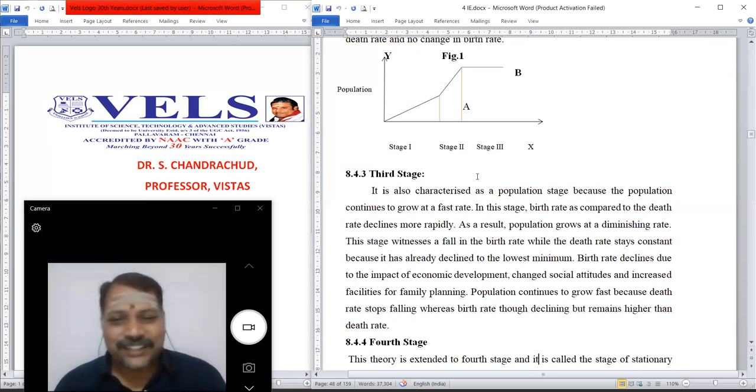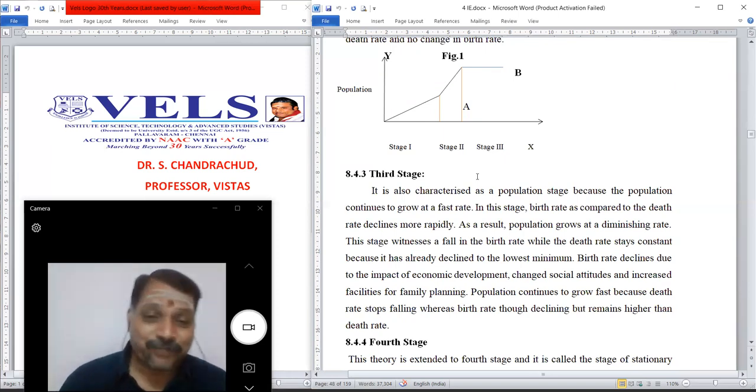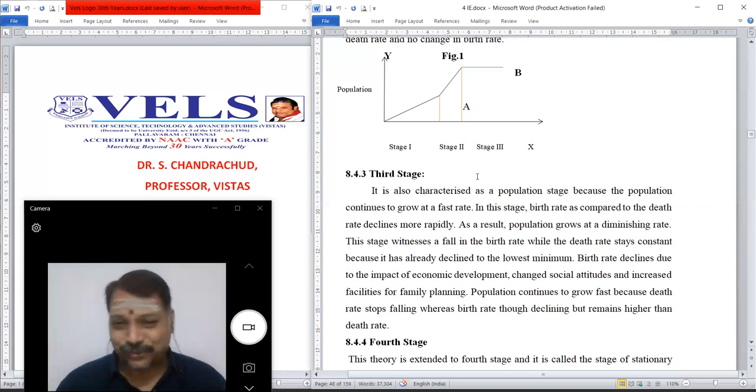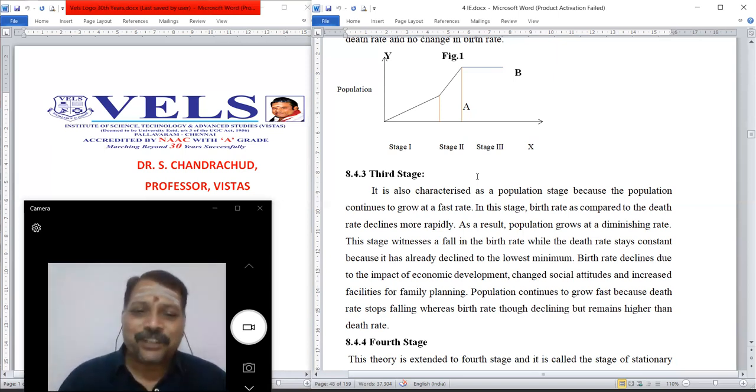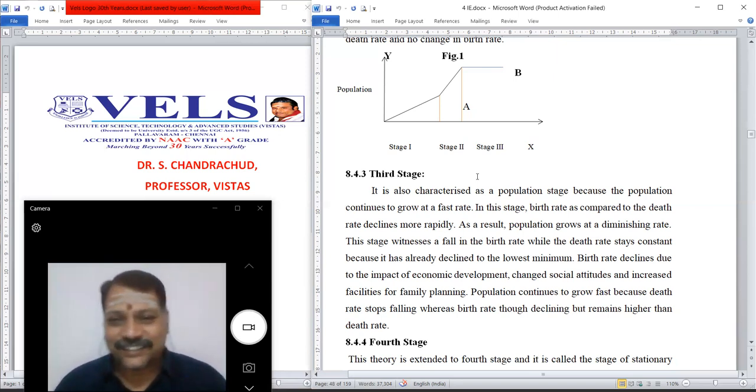The birth rate declines due to the impact of economic development, change in social attitude, increase in facilities, and we are going for family planning. So the population continues to grow faster because the death rate stops falling, whereas the birth rate is decreasing, though still higher than the death rate.